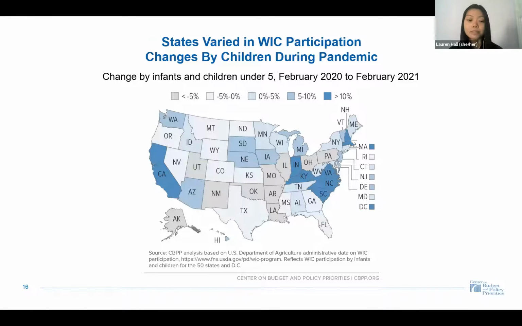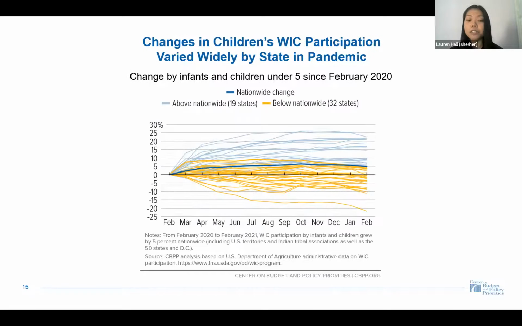in participation. So if we could actually go back to the previous slide, the chart shows the change in participation by infants and children for each state between February 2020 and February 2021. The dark blue line towards the center is the nationwide figure, which is about 5% growth in the past year.